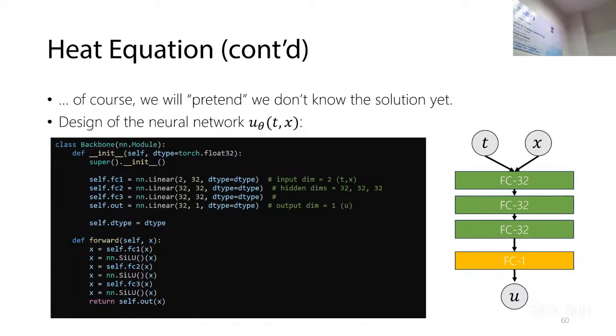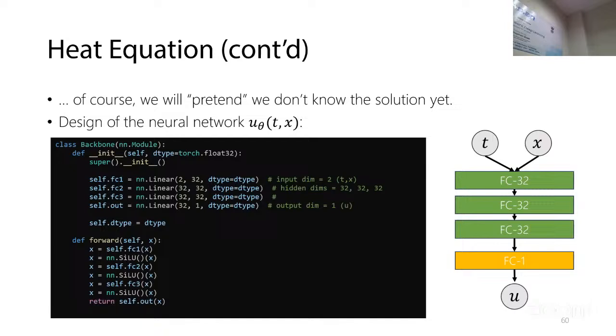So in terms of how we solve this heat equation using a PINN, in terms of the design of the neural network, what we're going to do is to have t and x as the input to the neural network. Because we are talking about 1D heat diffusion, we have only one tangential rod.